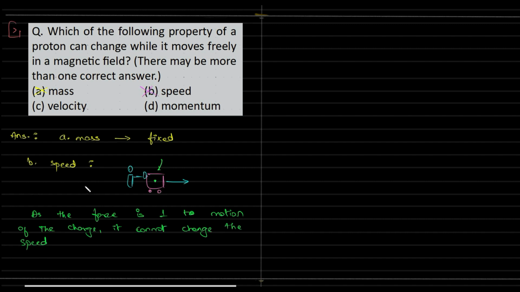But yes, what is changing? It cannot change the speed, but it changes the direction, right? If I push from the side, it might not speed up or slow down, but certainly it will change the direction in which it is moving.